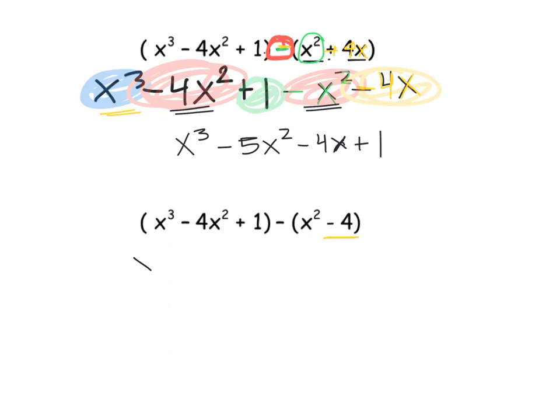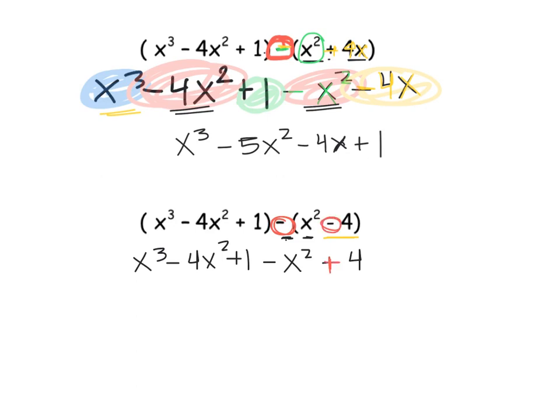So again, our first polynomial is just x cubed minus 4x squared plus 1. But now we are subtracting x squared, but we are also subtracting a negative 4. And remember that subtracting a negative is equivalent to adding that value. So I really have to be careful with this subtraction sign and this negative sign.